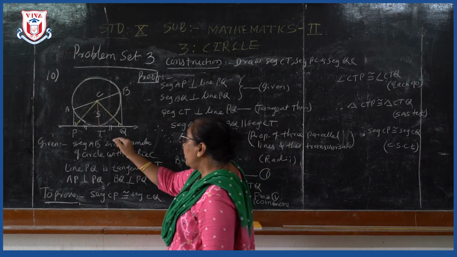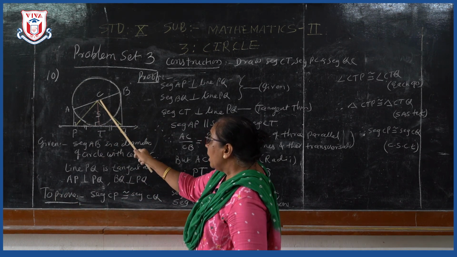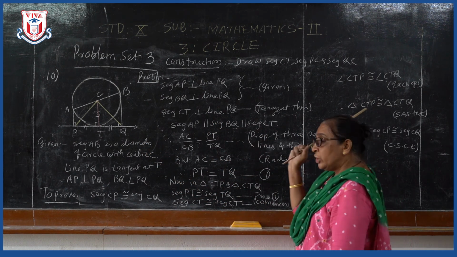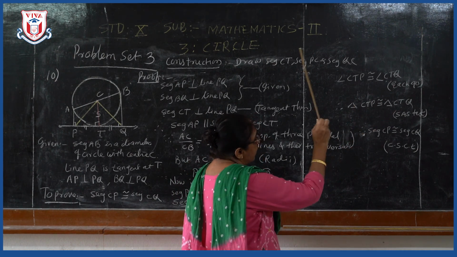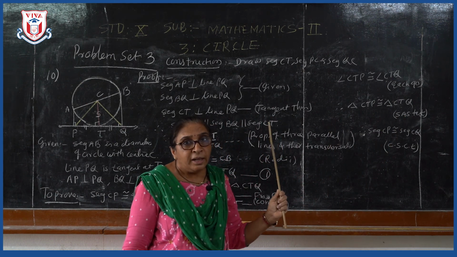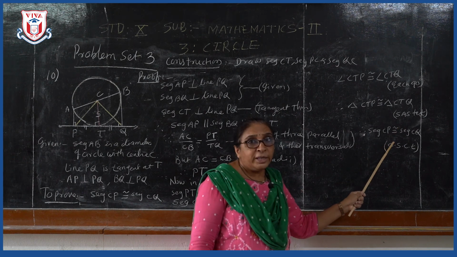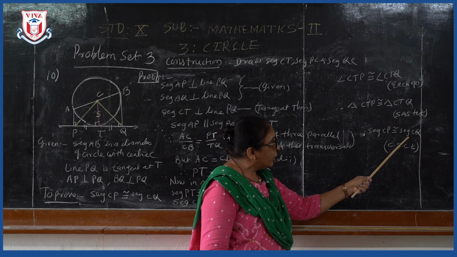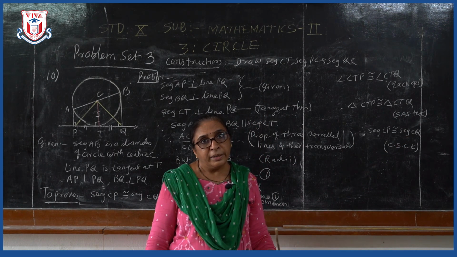And we have already proved that CT is perpendicular, which means angle CTP is congruent to angle CTQ, that is each 90 degrees. Therefore the two triangles CTP and CTQ are congruent by the side angle side test. And when the triangles are congruent, their corresponding sides are also congruent. So segment CP is congruent to segment CQ, and this is our proof statement. Okay.